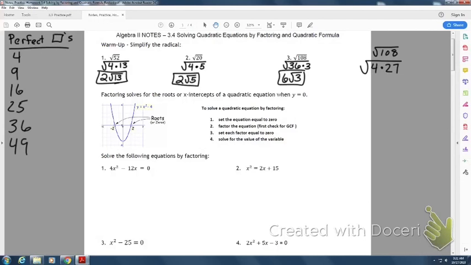Okay, so the square root of 4 is 2. Can I divide 27 by a perfect square still, though? 9. So I could rewrite that as 9 times 3. The square root of 9 is 3.